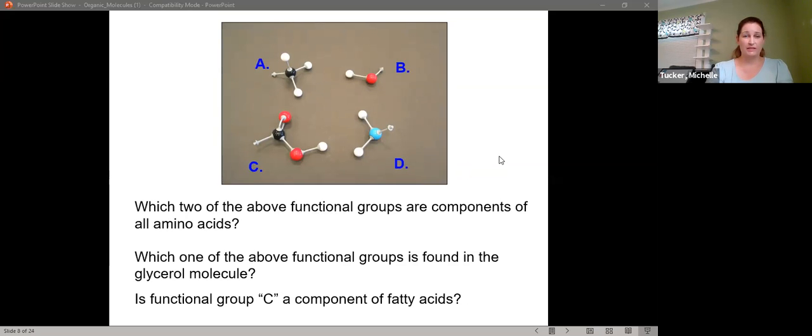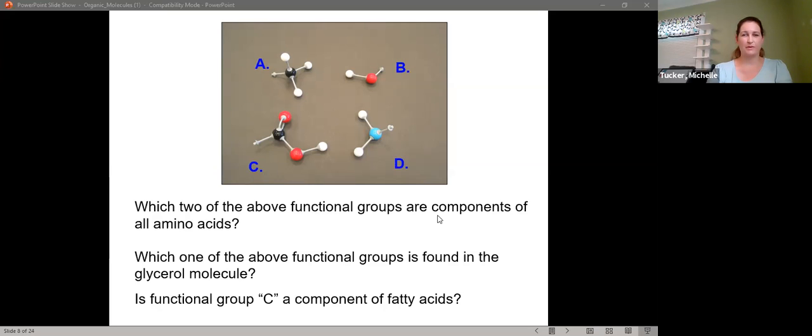Which two of these are components of amino acids? So which two letters? D is correct, that's for one.